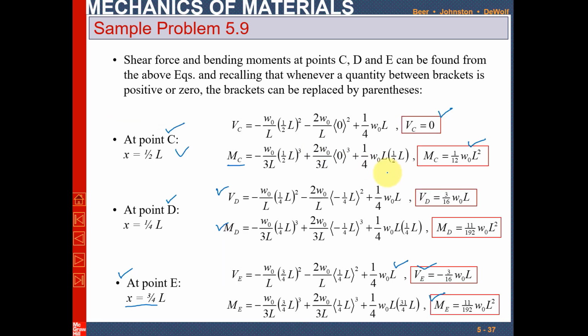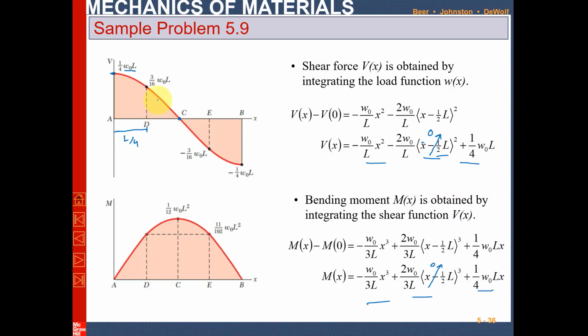At point D, it was 3 over 16 into W naught into L, which is a positive value, and if you plot it, it will be somewhere here. And as this shear force is a second degree equation, it will be a curve in the clockwise direction.